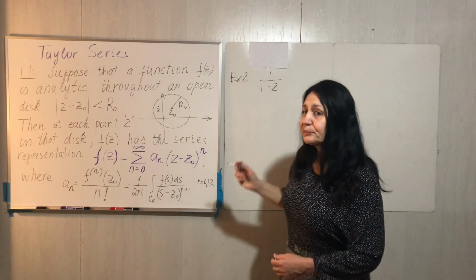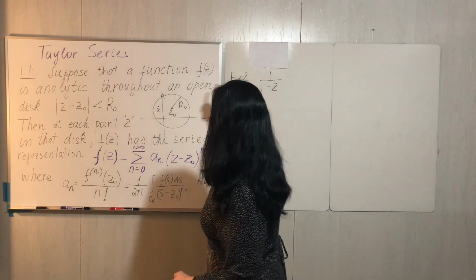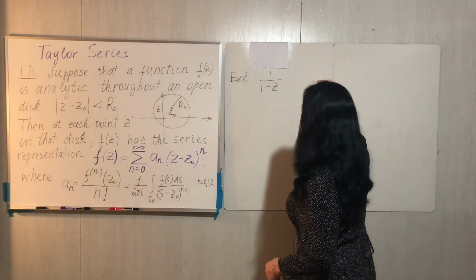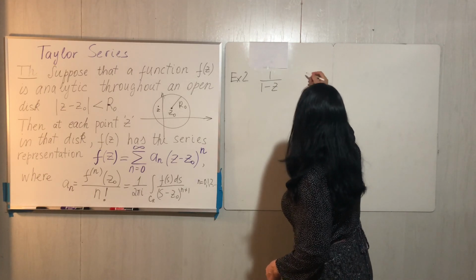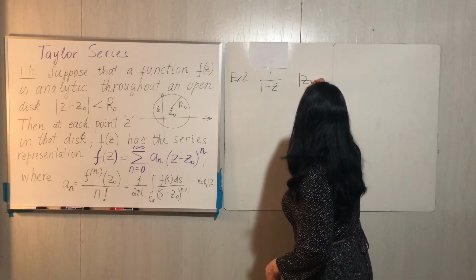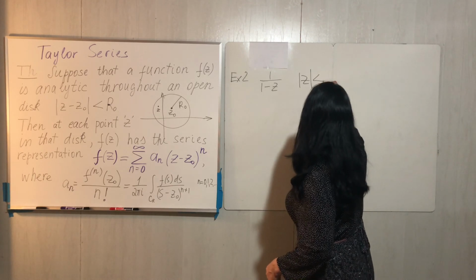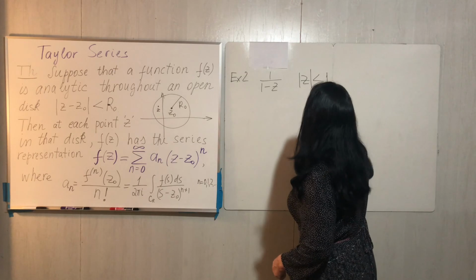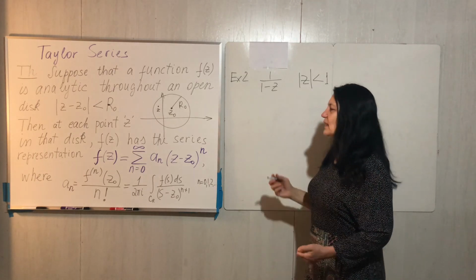So if we look at our theorem, the function would be analytic if we take our z in the unit disk, so modulus of z less than 1.